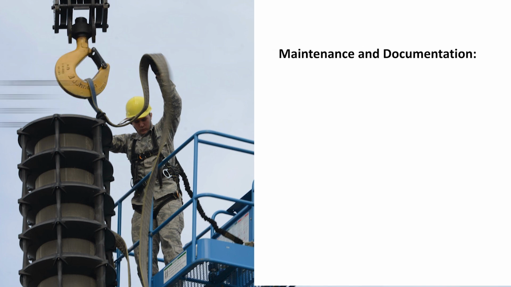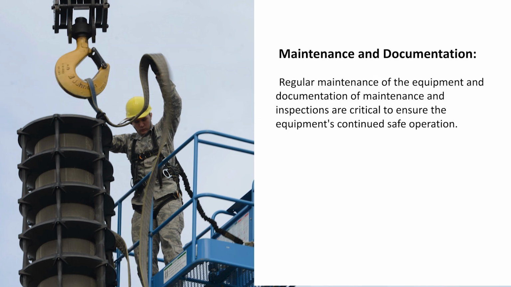Emergency procedure. Procedures for handling emergencies such as equipment malfunctions or worker injuries should be established and communicated to all personnel involved in the operations. Maintenance and documentation. Regular maintenance of the equipment and documentation of maintenance and inspection are critical to ensure the equipment's continued safe operation.